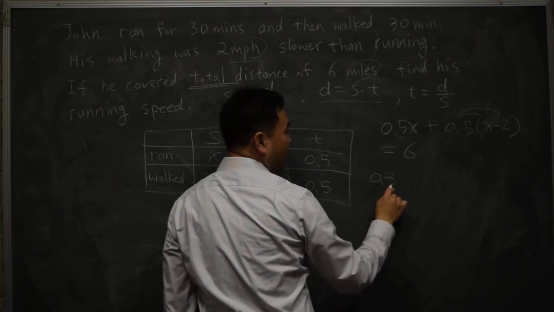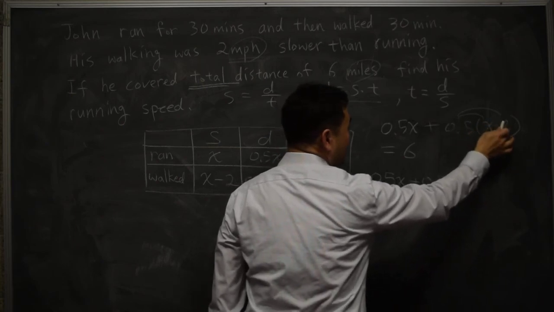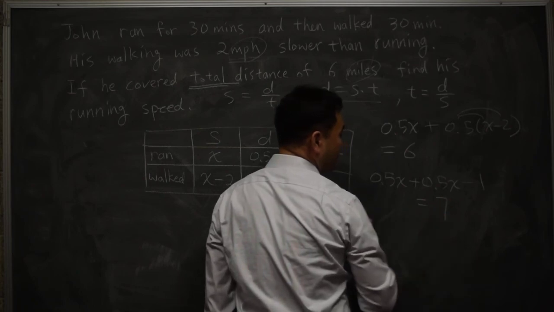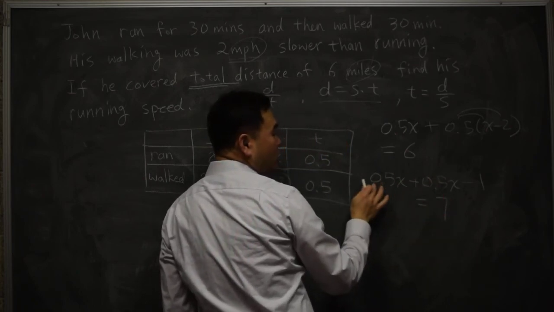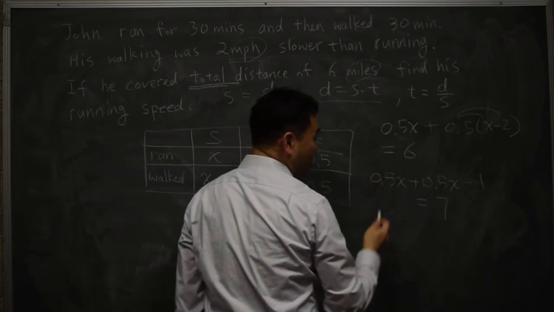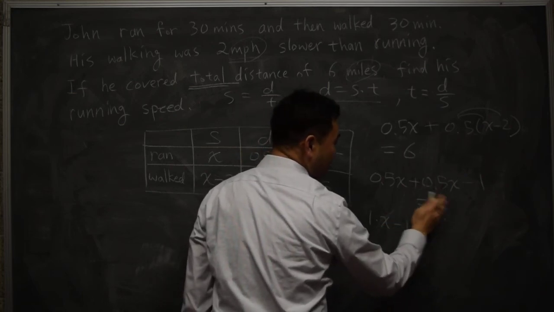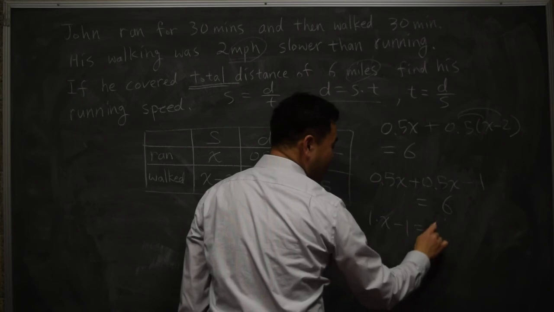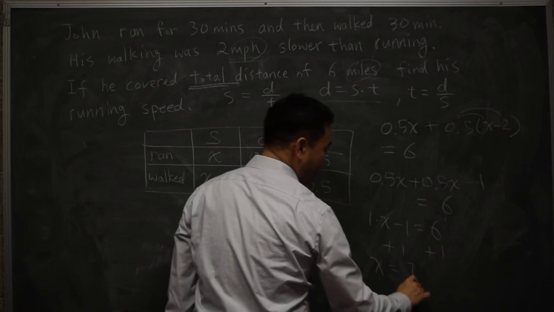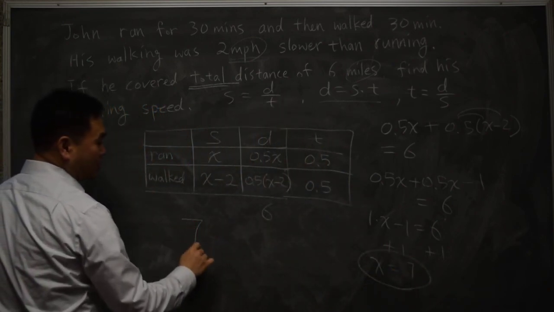You get 0.5x plus 0.5x, and 0.5 times 2, you double a half, that's 1. 0.5x and 0.5x are like terms, and you can add like terms. 0.5 plus 0.5 is 1. So you have 1 times x minus 1 equal to 6. Okay. And then add 1 to both sides. You get x equals 7. And therefore, the answer to this is 7 miles per hour.